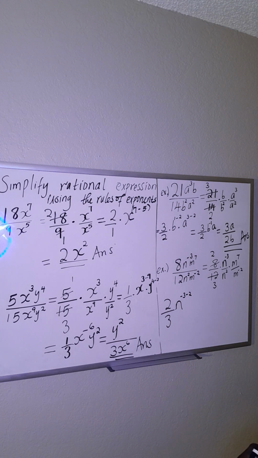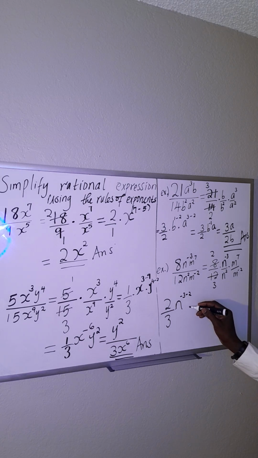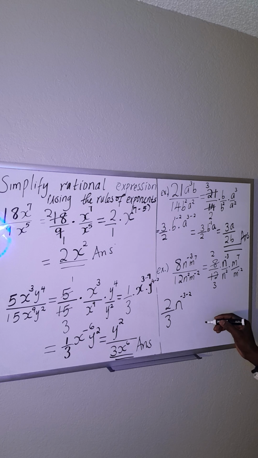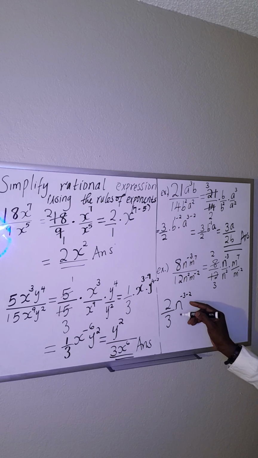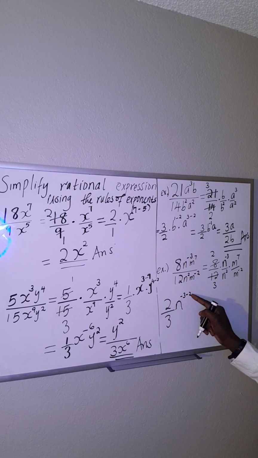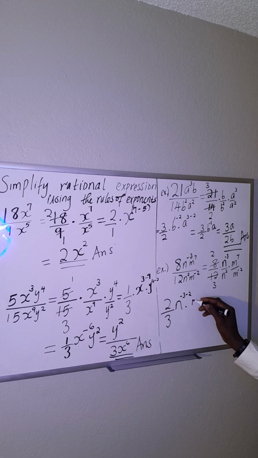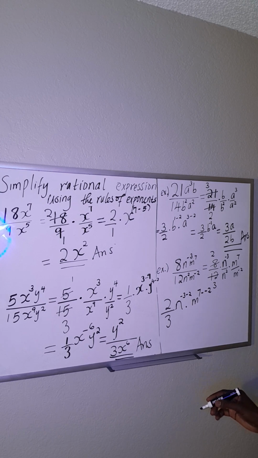Then what do we do here? We could say this one minus the negative of that. Even here, we could as well get the reciprocal to remove the negative on the power. Either way, let's go on. n raised to the power of negative 3 minus 2, m raised to the power of 7 minus negative 2. What do we have now?